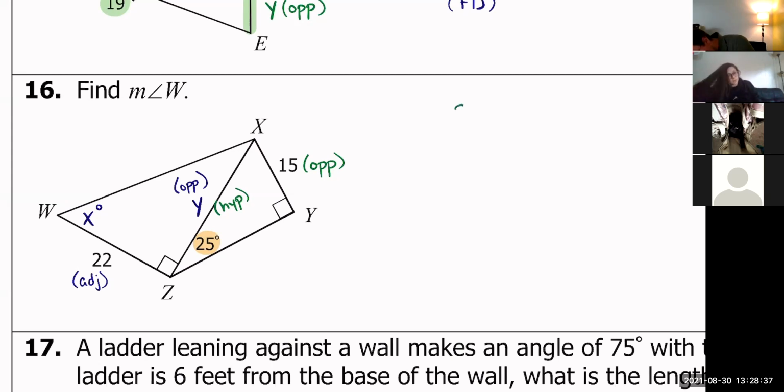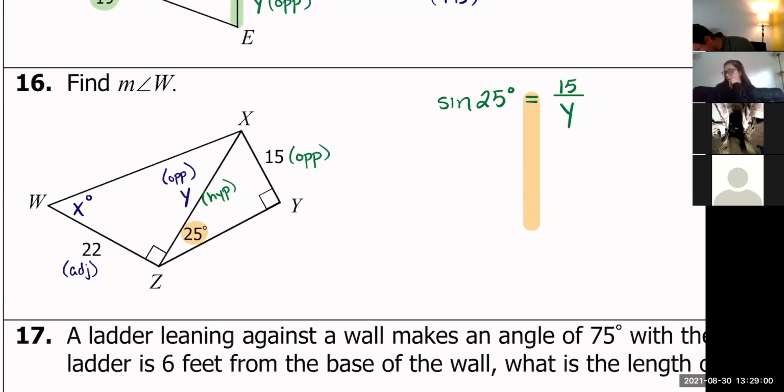So setting it up, I'm going to take the sine of my angle, which is 25 degrees. And that's going to equal the ratio of the opposite, which is 15, over the hypotenuse, which is where my y is currently located. So unfortunately, this is one of those ones where the variable is stuck in the denominator. So this is where I got to get a little bit fancy here by first multiplying both sides by that variable.